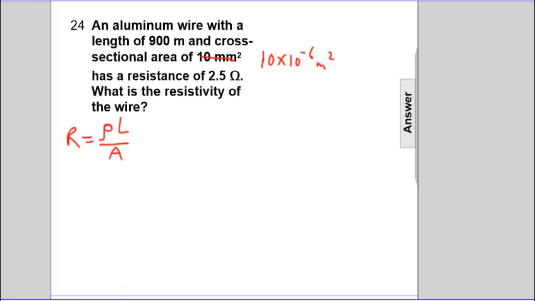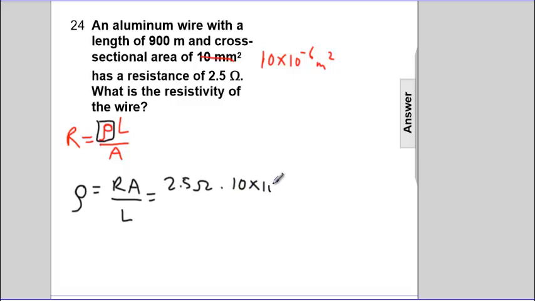In this problem, we'll solve for rho, and rho will be R, resistance, times A, area, divided by length. The resistance in this case is 2.5 ohms as defined in the problem. The area is 10 times 10 to the negative 6 square meters, and the length will be 900 meters.